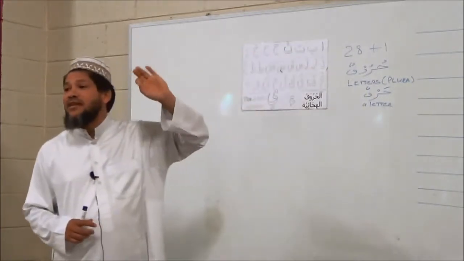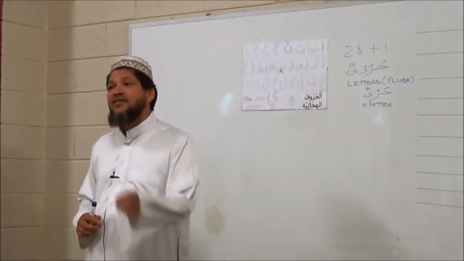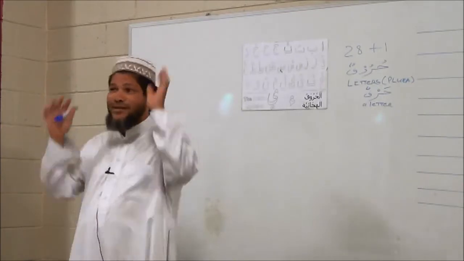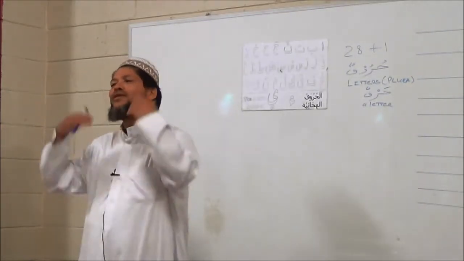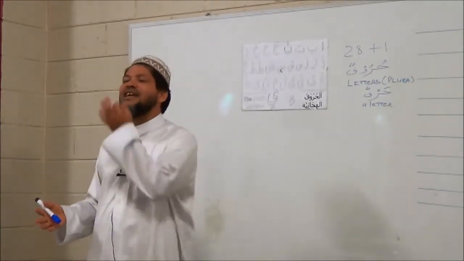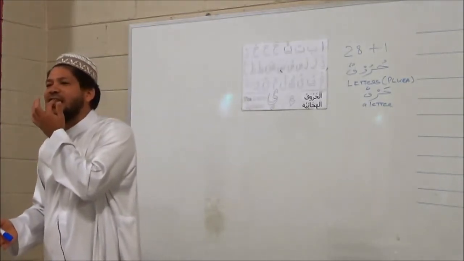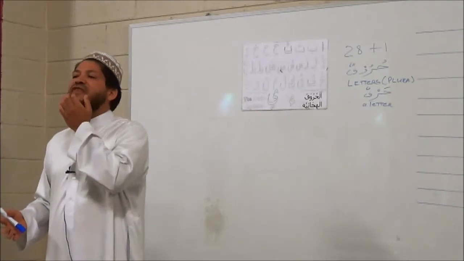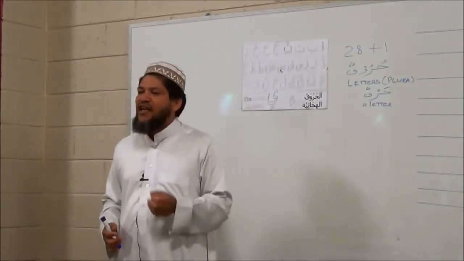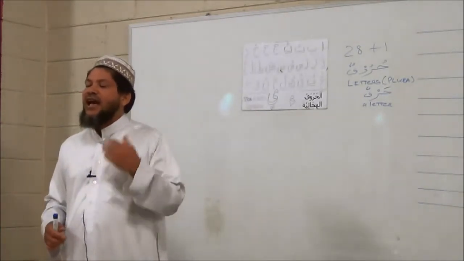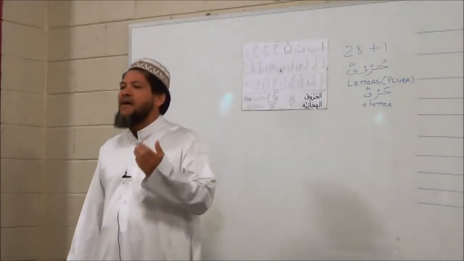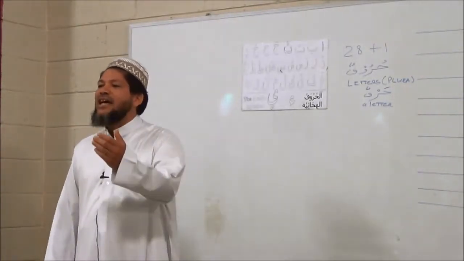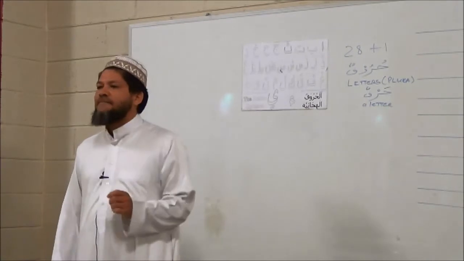Now, this is a letter many people make a mistake with. You get sa, you get some all different pronunciations, but we want the correct pronunciation, inshallah. Right, tip of the tongue again. Fa.